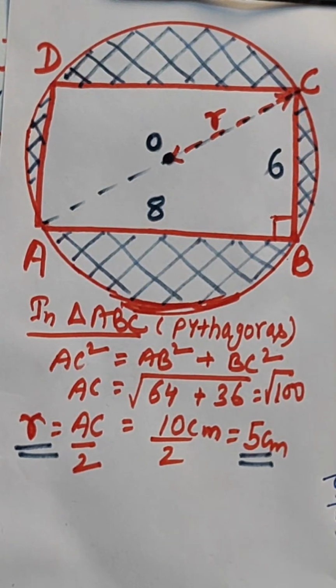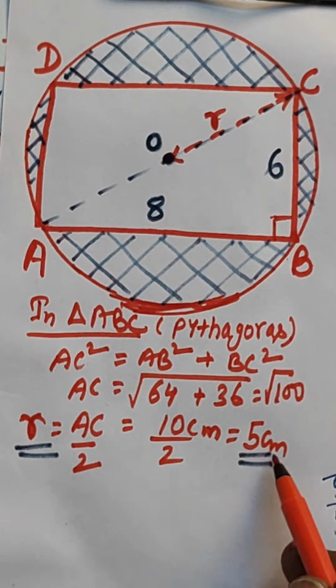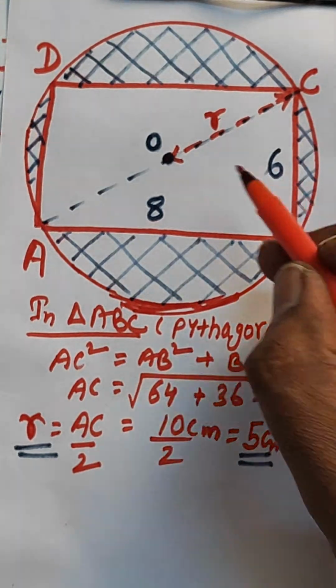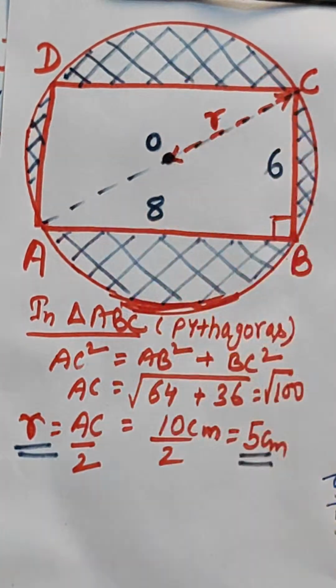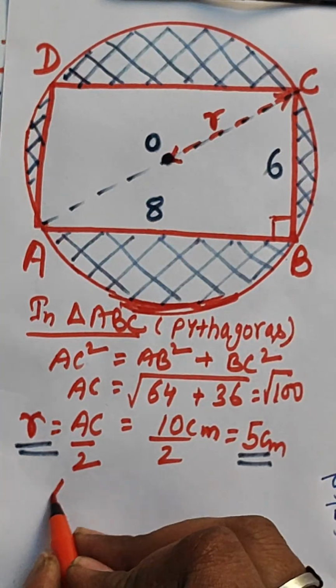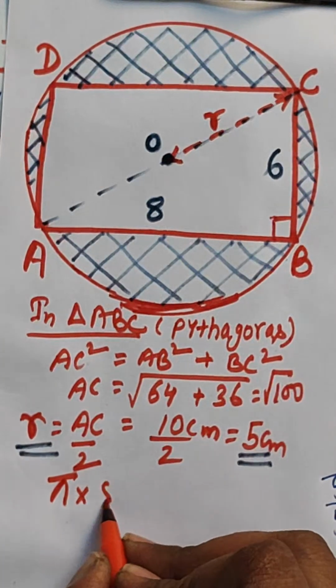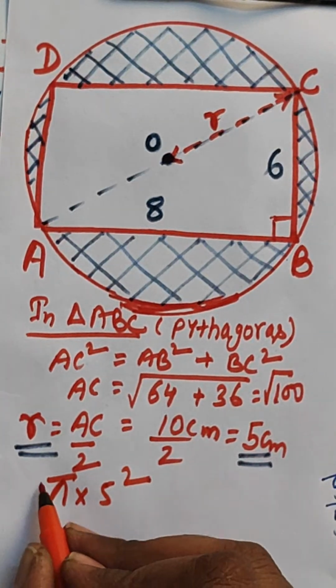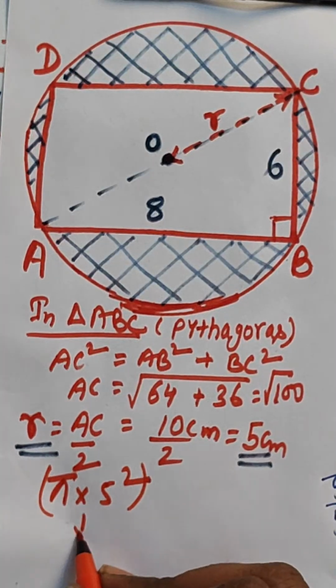If the radius is 5 centimeter, then the area of this circle can be calculated, that is pi into 5 square. This is the area of the circle.